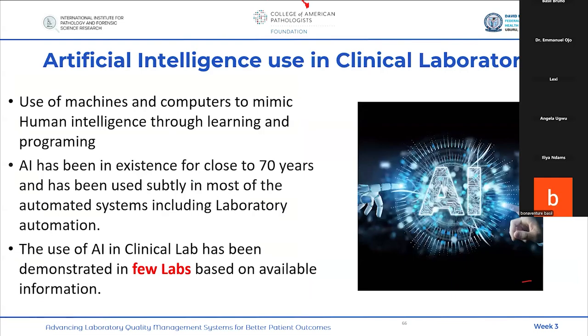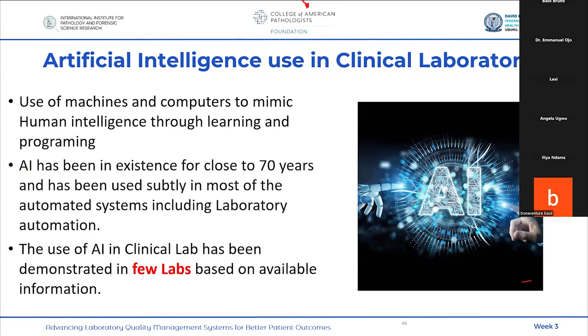When we talk about the use of AI in the clinical lab, we're simply talking about machines and computers that mimic human intelligence through learning and programming. We talk about generation of algorithms that are set up based on a lot of data that has been generated previously.